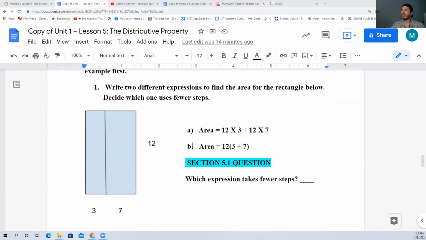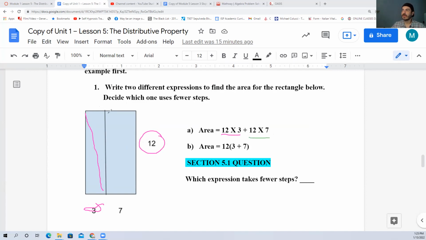So here's 12. Here's 12 times 3. That represents this area here, because the length is 12 and the width is 3. And they're adding to it 12 times 7.